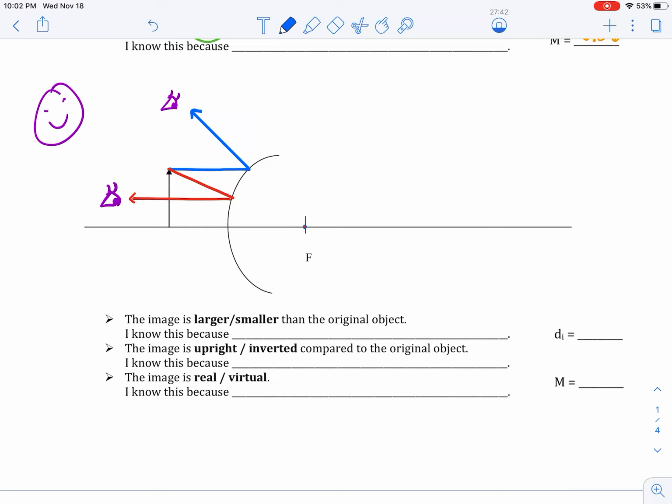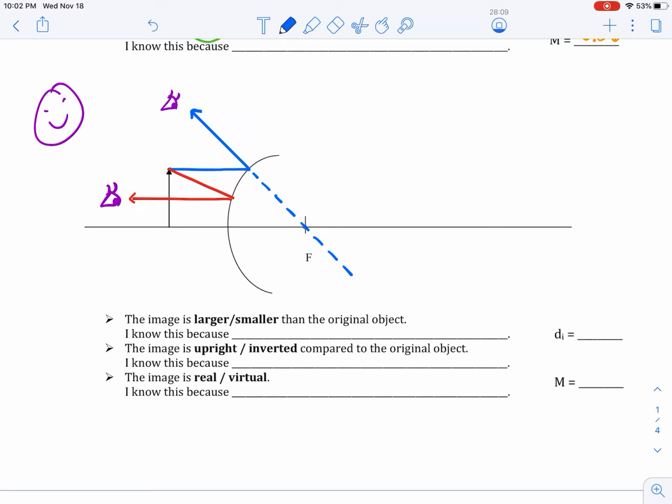Now remember, solid lines represent the actual path of light. The light does not actually penetrate through the mirror and go into the wall on whatever wall the mirror is hanging on. So we're not going to draw a solid line on the other side. But what we're going to do is extend it with a dotted line.